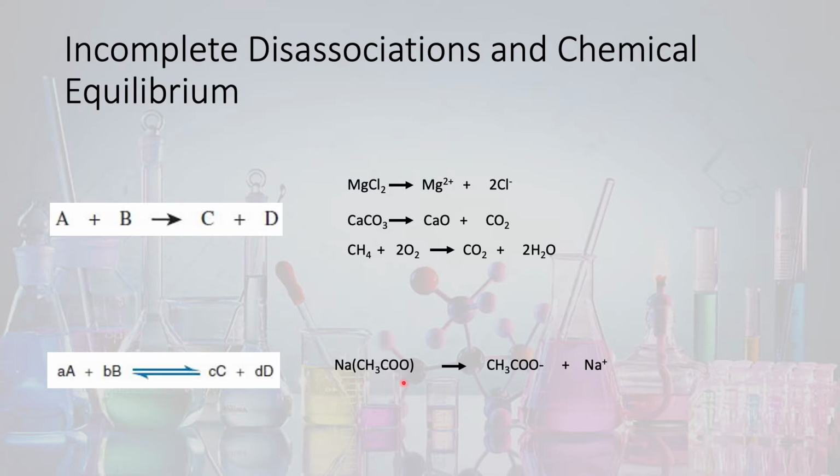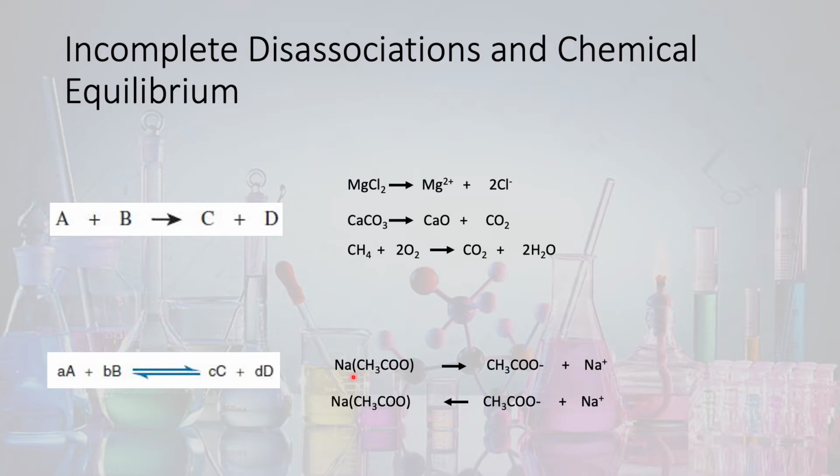The forward reaction described here demonstrates that when placed in water, sodium ions will dissociate from acetate ions and float around in suspension. While this is occurring, however, acetate ions are reassociating with sodium ions to form solid sodium acetate again.